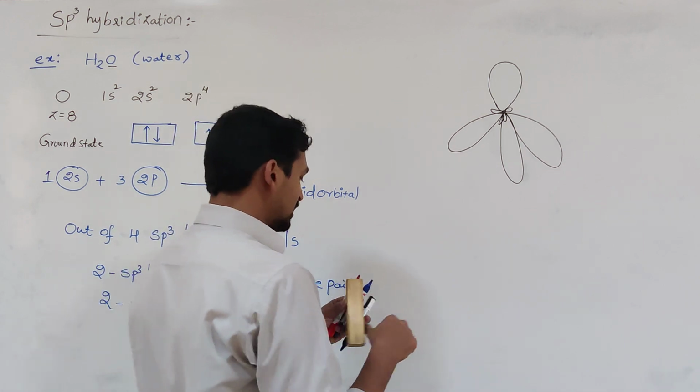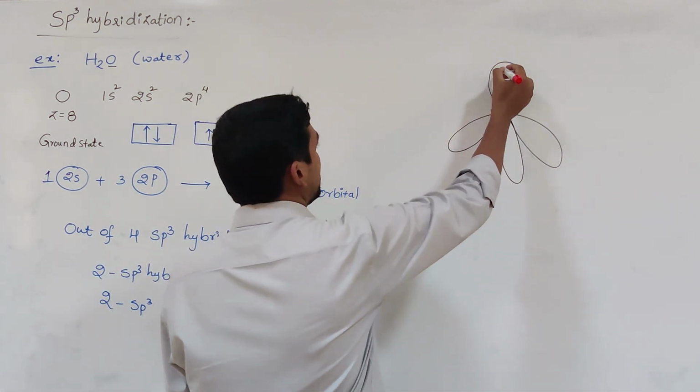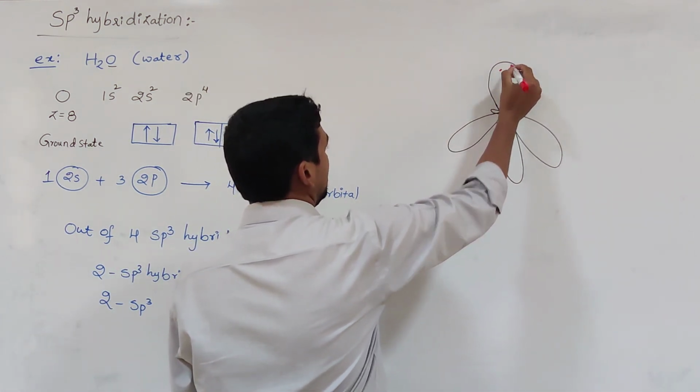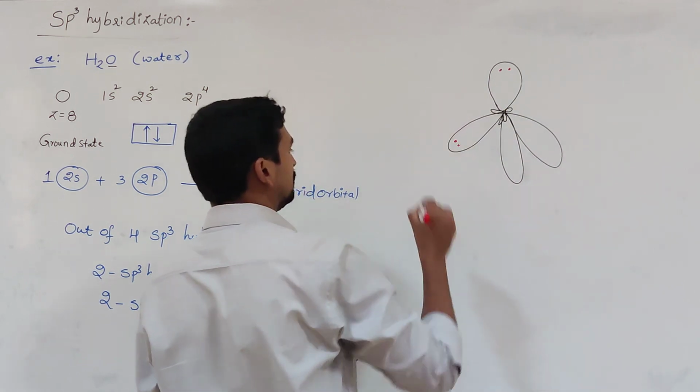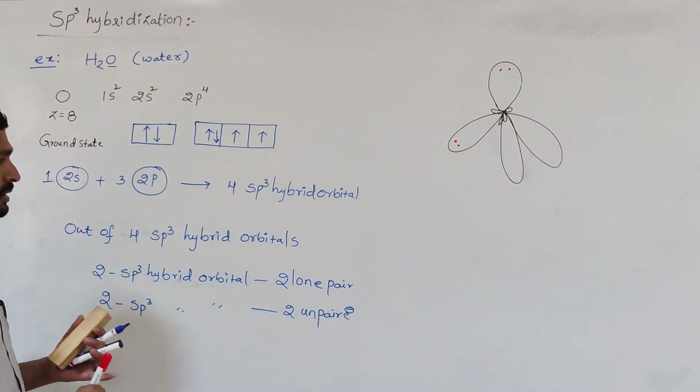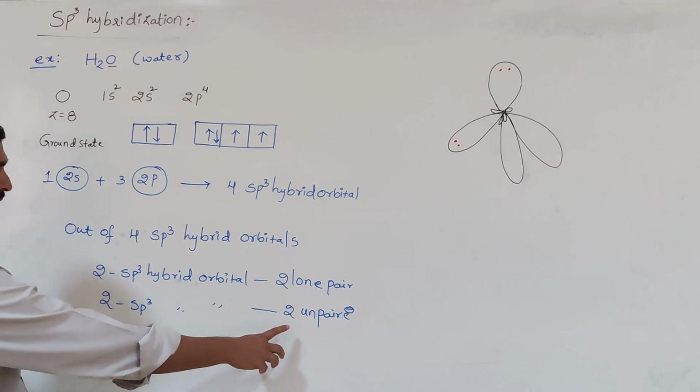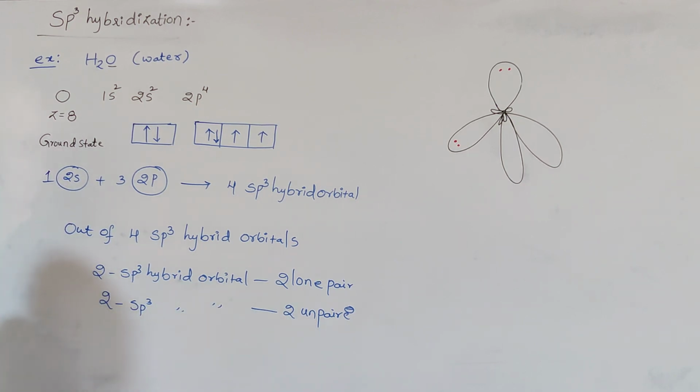So now, of the 4 sp3 hybrid orbitals, 2 contain lone pairs of electrons, and the remaining 2 sp3 hybrid orbitals containing unpaired electrons are involved in overlapping with the 1s orbital of the hydrogen atom.